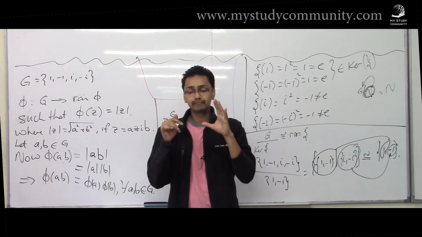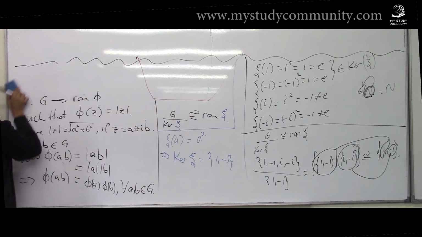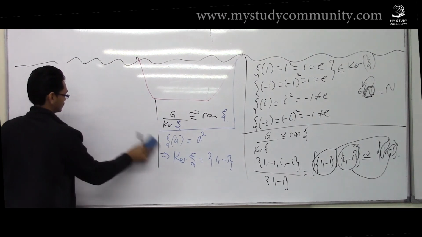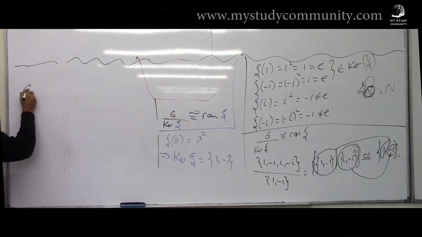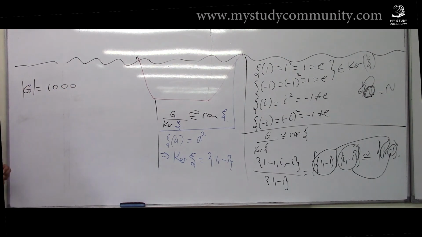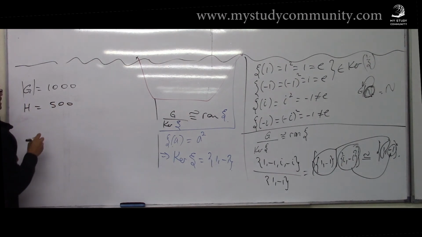Okay, I'll leave it there. So let's just say we have a group G that has 1,000 elements in it, and we have a group H that has 500 elements in it.